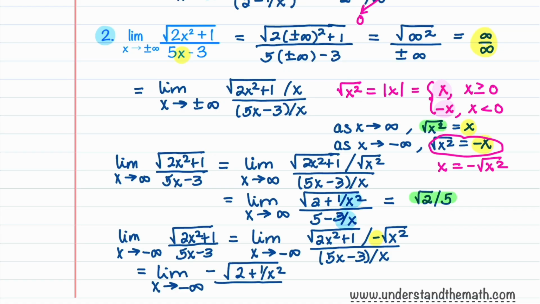And then in the denominator, we have 5 minus 3 over x. As x goes to minus infinity, this term and this term are going to go to 0, and we're left with an answer of minus square root of 2, all divided by 5. This is an example where the limit as x gets really large is different than the limit as x gets really small.